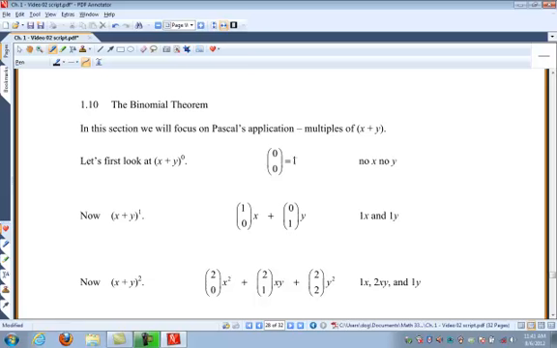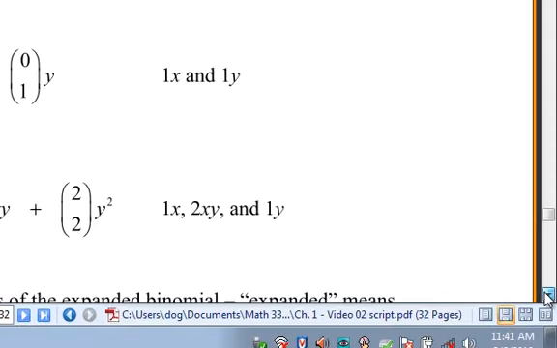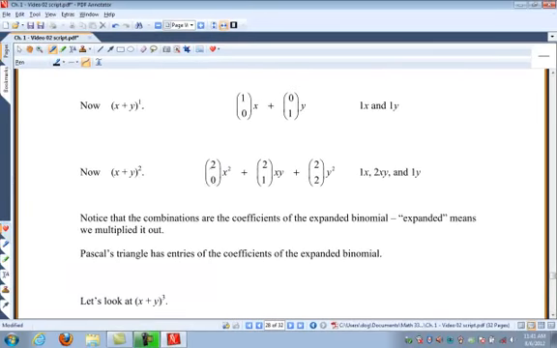That's just x plus y to the 0. Now, 1 choose 0 x and 1 choose 1 y, 1x and 1y. 2 choose 0 x squared plus 2 choose 1 xy plus 2 choose 2 y squared. That's exactly right. Those are how they work out when you expand the formula here.